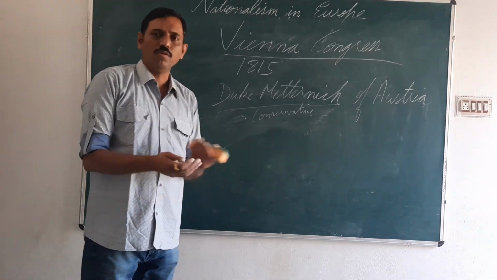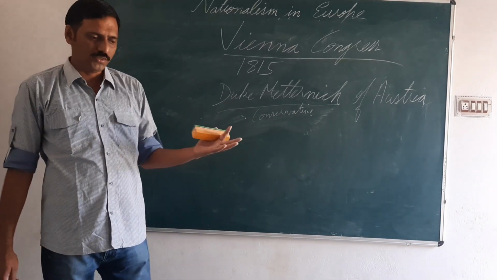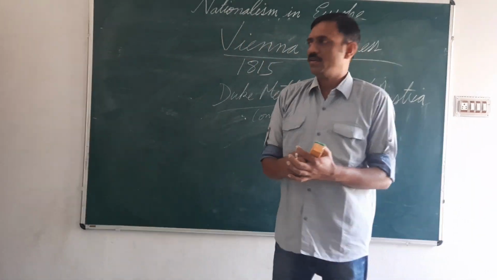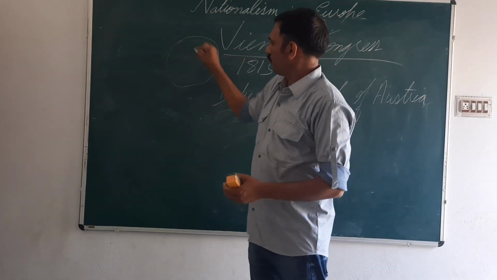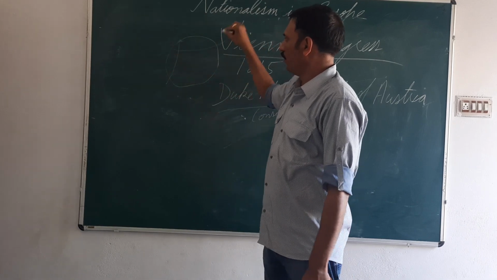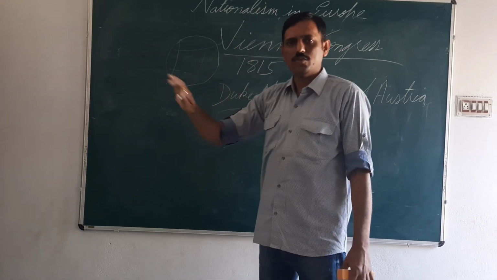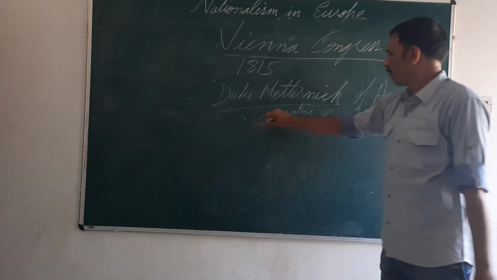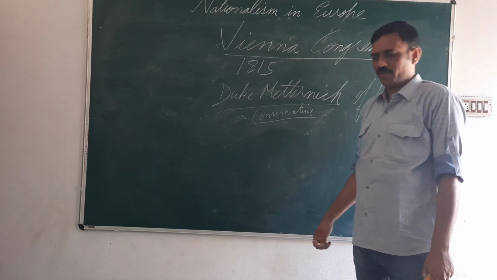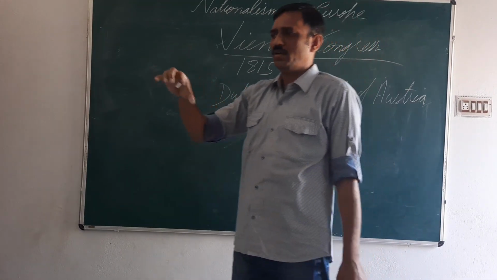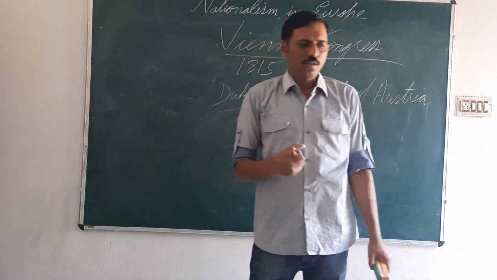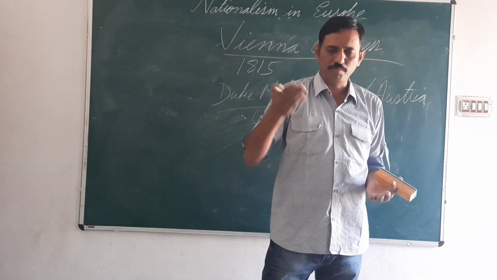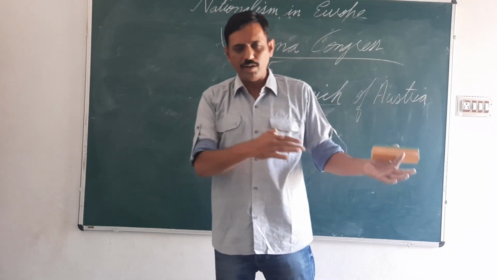Now the victorious countries said we should sit together and decide how to divide this empire of Napoleon. There was a big empire of Napoleon. Now how to divide it? This part you will take, this part I will take. And second important aim was to bring back conservatism. Napoleon was not from a ruling dynasty. He was a military general who reached the topmost post of the military, then became dictator and then ruler.